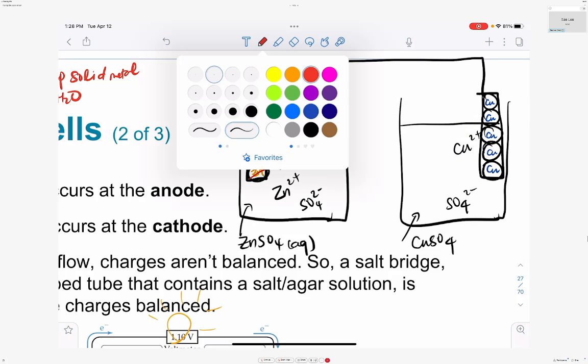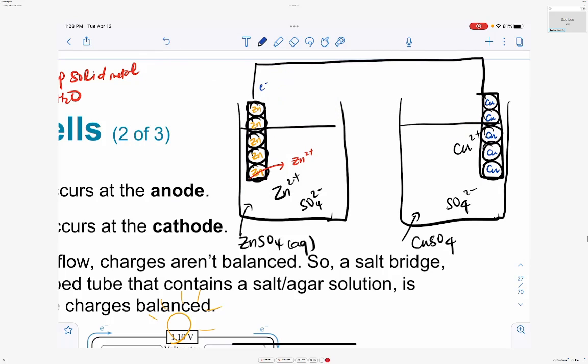So the electrons were traveling down here, and then this copper 2+ will swallow those electrons. And where did those electrons come from? Those electrons come from here.